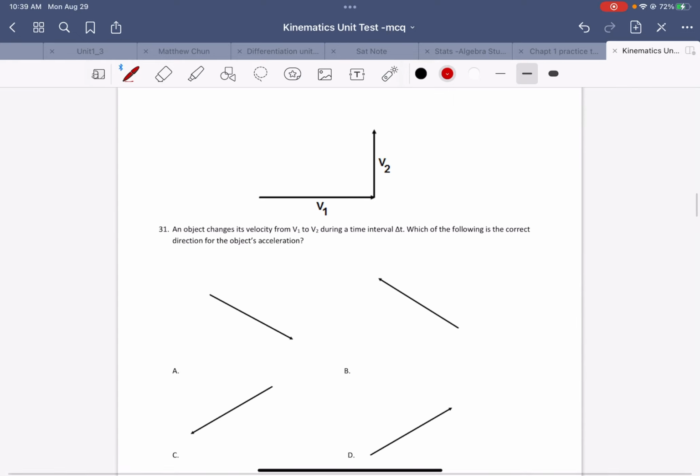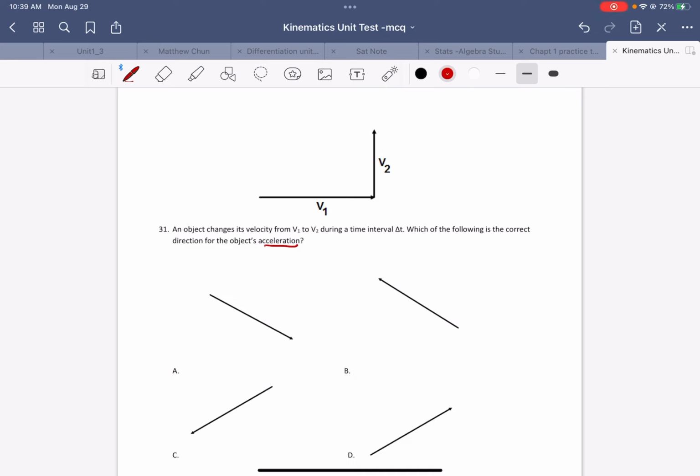Now here, next one. An object changes its velocity from v1 to v2 during a time interval delta t. Which of the following is the correct direction for the acceleration? So how are you going to draw this?